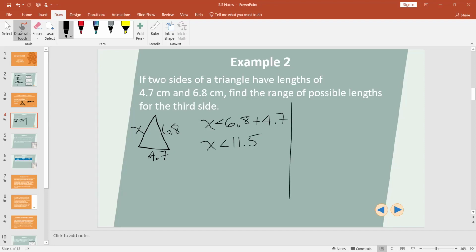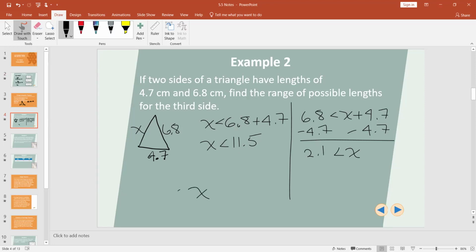Now to look at the other side, I'll take the longest side that they gave me, 6.8, must be less than x plus 4.7. So that way I subtract 4.7 from both sides, and you end up with x must be greater than 2.1.